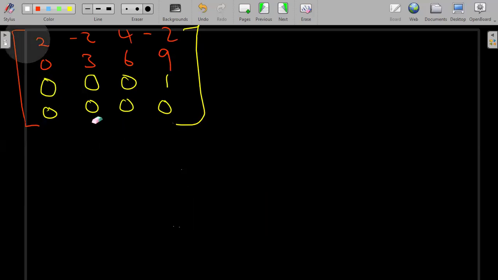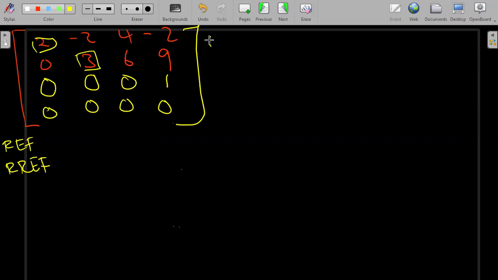So we want to put this matrix, which is in row echelon form, into reduced row echelon form. So what are we going to do there? Remember we said all the pivots should be 1. So we have to make this pivot 1 and that pivot 1.